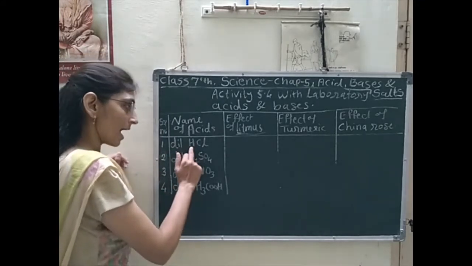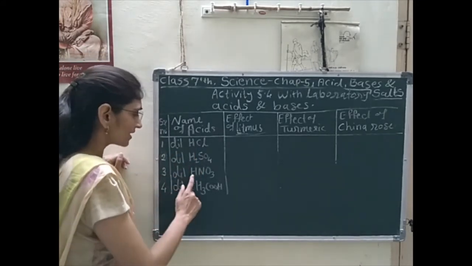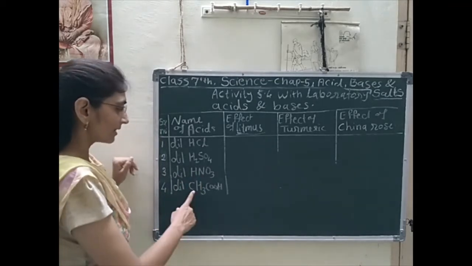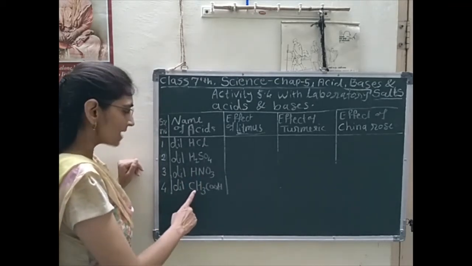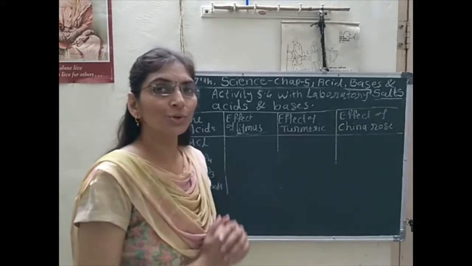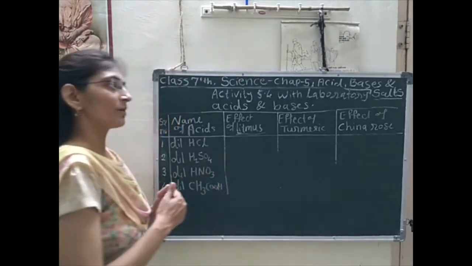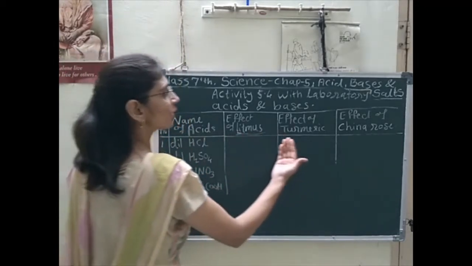These are hydrochloric acid, H2SO4, which means sulfuric acid, HNO3, which means nitric acid, and then acetic acid, CH3COOH. We have chosen these acids from the laboratory for our reactions with different types of indicators.